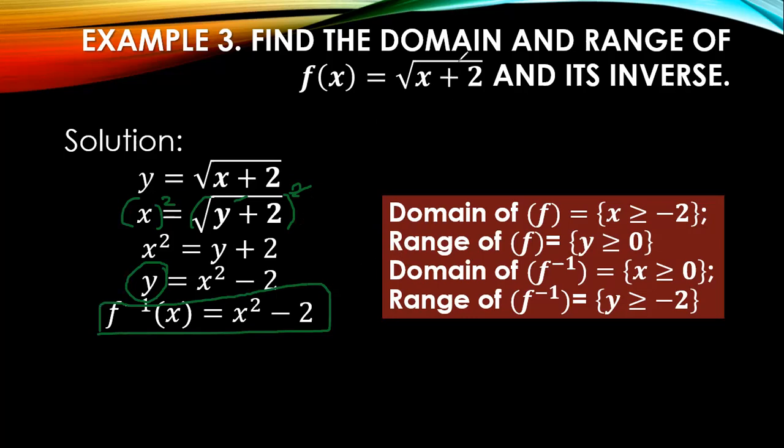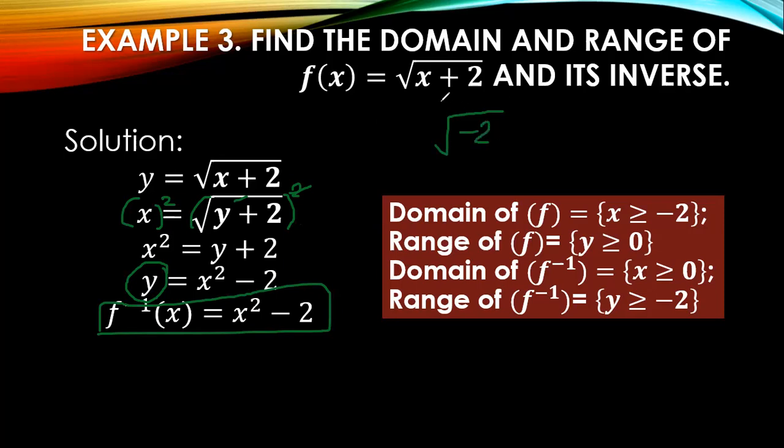So, the domain of your original function natin. So, bawal siya na mas mababa sa negative 2. Okay? So, pwede po ba na magkaroon tayo ng negative value sa loob ng radical sign? For example, negative 2.